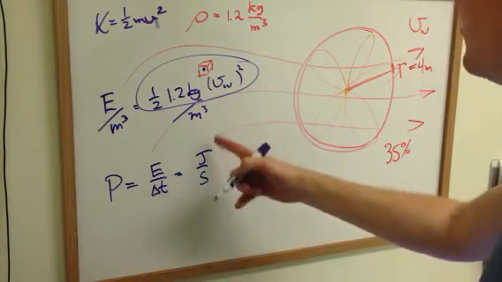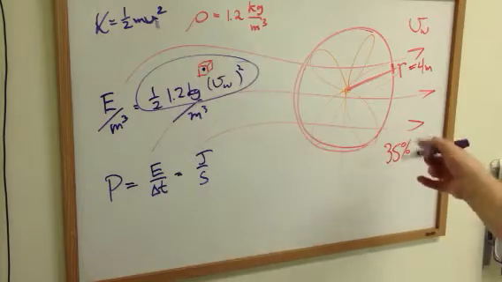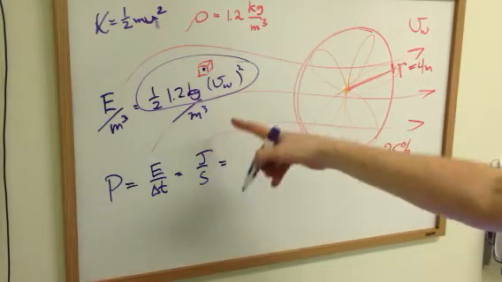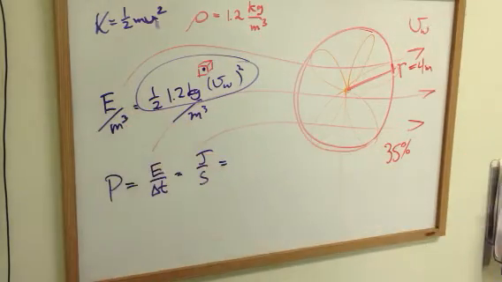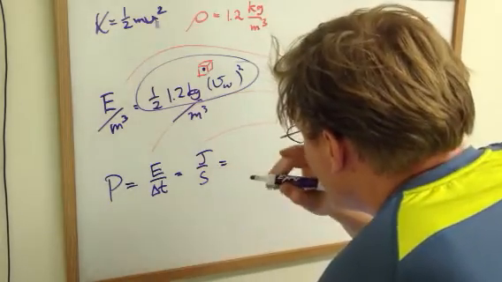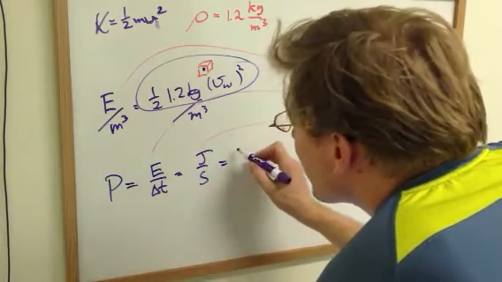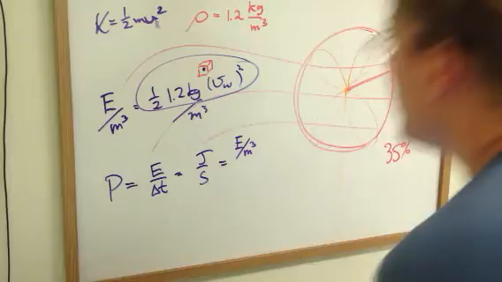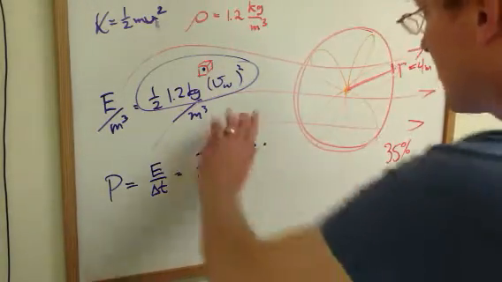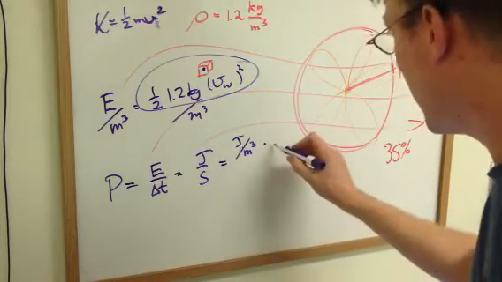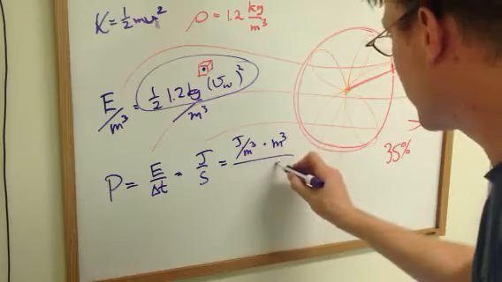And for us, if we know the volume per second going through there, then we can figure out the amount of energy per second because we have a sense of how much energy per cubic meter there is in the wind. So let's think about it: joules per cubic meter times cubic meters per second.